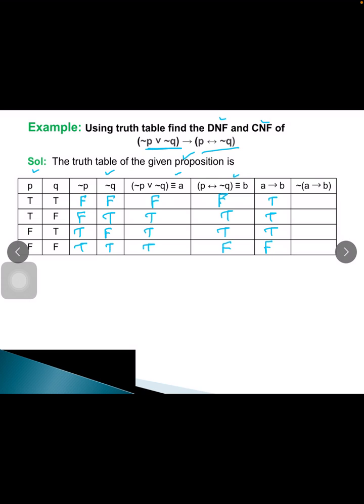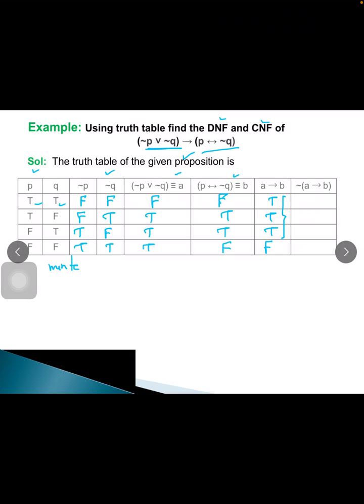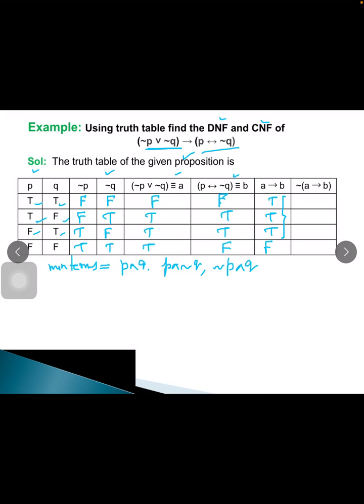To find the DNF we need to find the min terms, and we find our min terms from these three true values. The first gives P is true, Q is true, so our first min term is P and Q. Another min term is true, false, so it is P and negation of Q. Another is false, true, so it is negation of P and Q. Like that we have these three min terms.